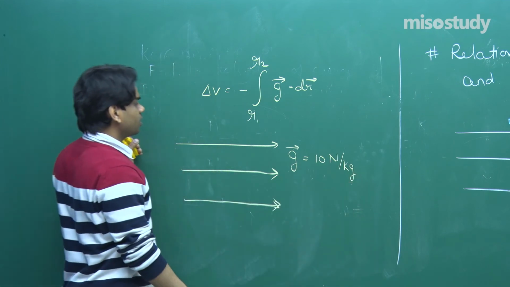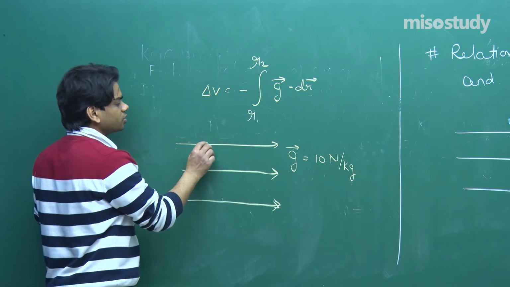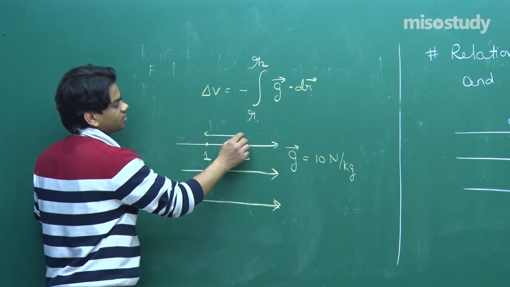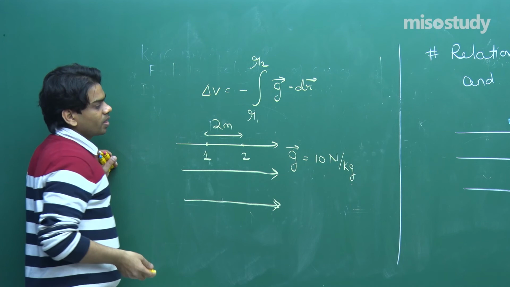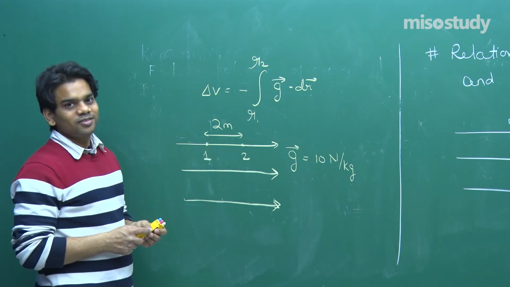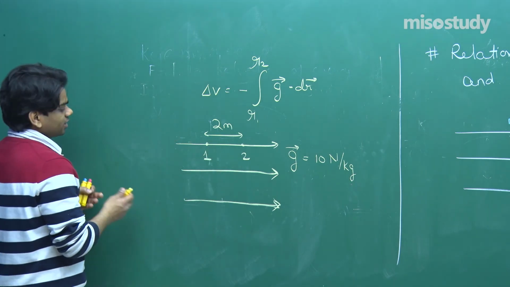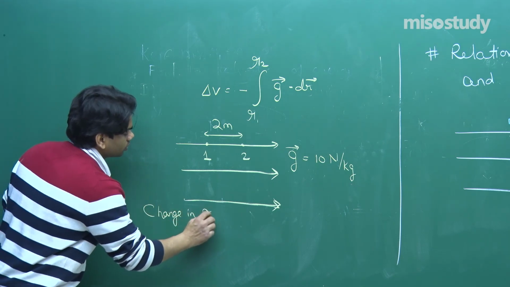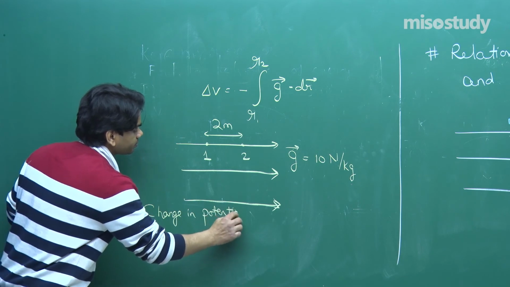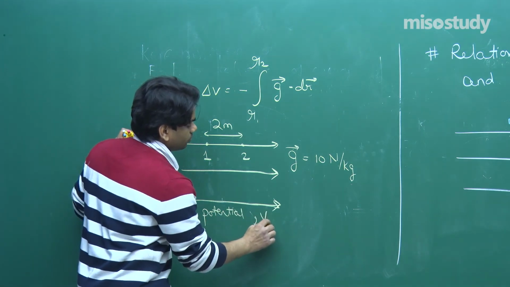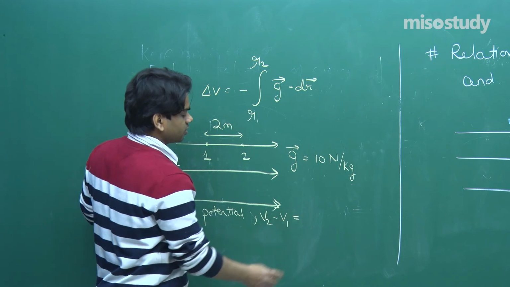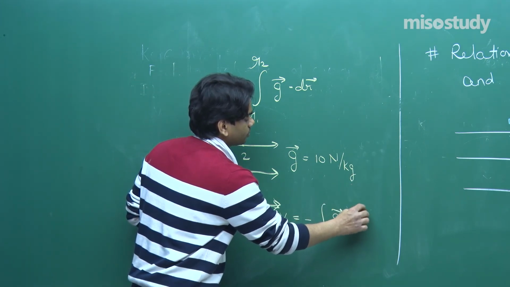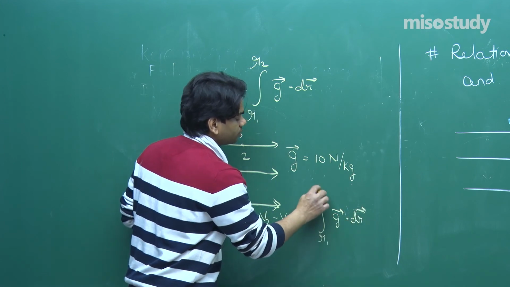Now if I move from this position 1 to this position 2, and let's say this distance is 2 meters, the change in potential while moving from 1 to 2 will come out to be V2 minus V1 is equal to minus integration of g dot dr from r1 to r2.